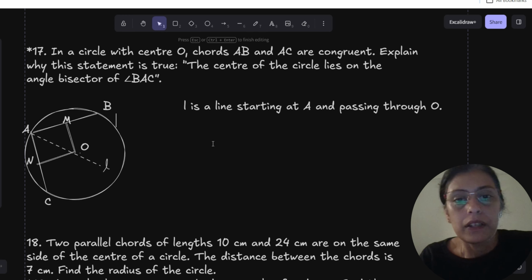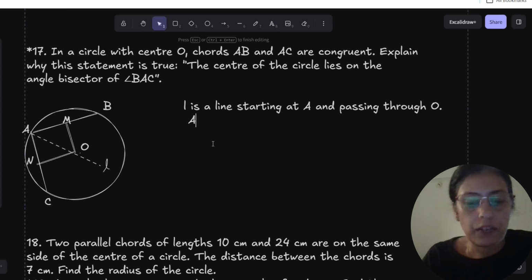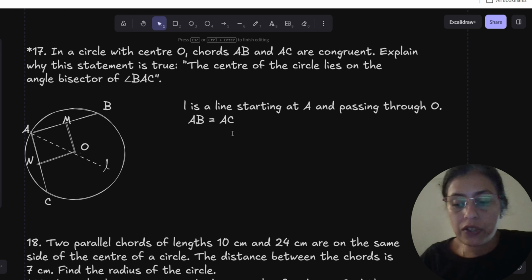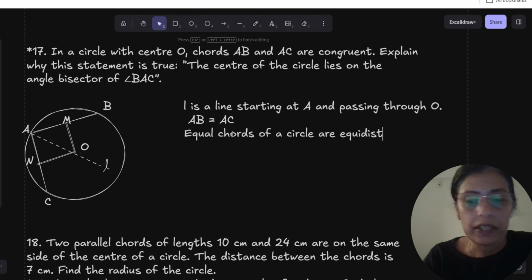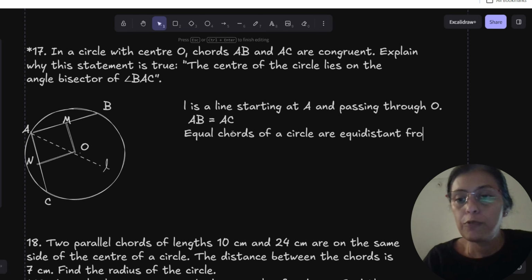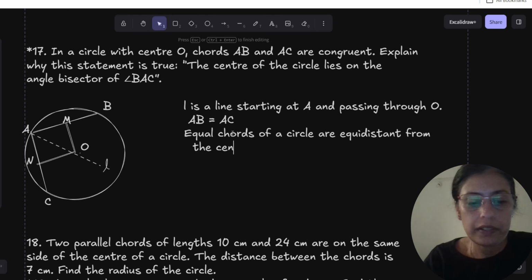Now, we have been given AB is equal to AC. These are the two chords which are equal in length. Now, we already know equal chords of a circle are equidistant from the center.